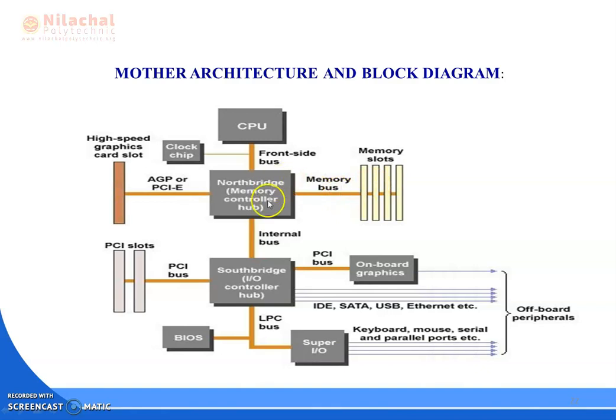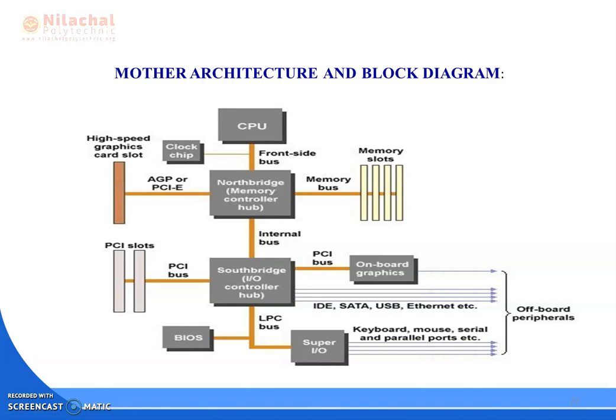We have discussed the chipset, that is the north bridge and the south bridge. We have discussed that the north bridge basically handles all the memory. It is known as the memory controller hub. It also controls the graphics, the AGP slots, that is accelerated graphics ports.